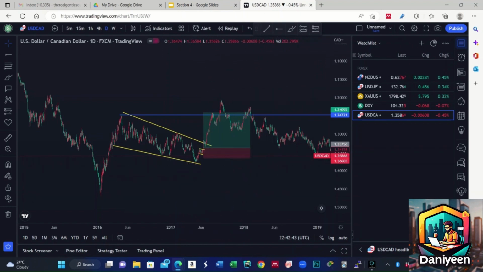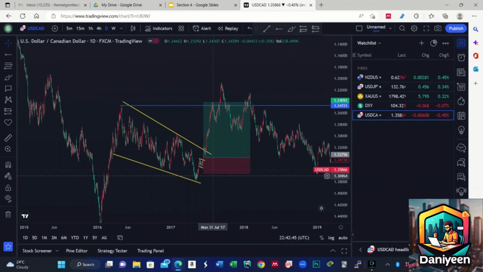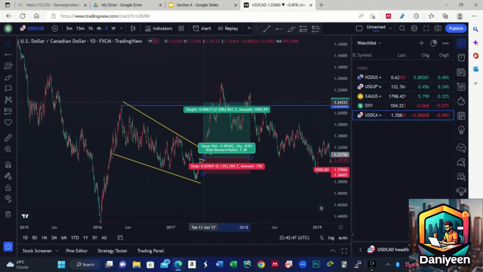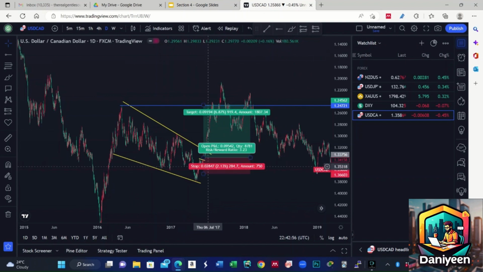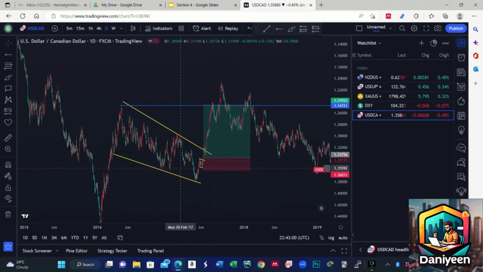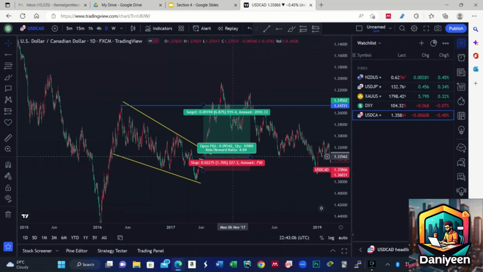If you are trying to long this pair, meaning if you are trying to buy it, then your take profit area can be around here, and then your stop loss can be below this correction. I hope you can see. Then that is when you know your stop loss is protected.